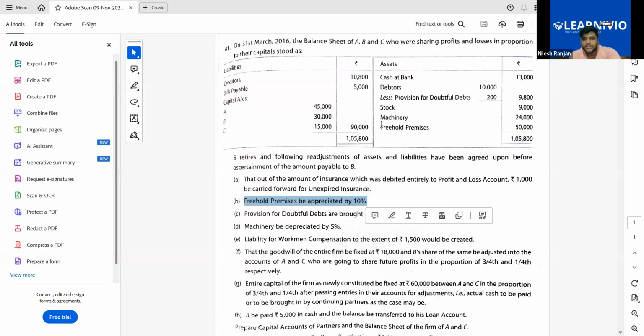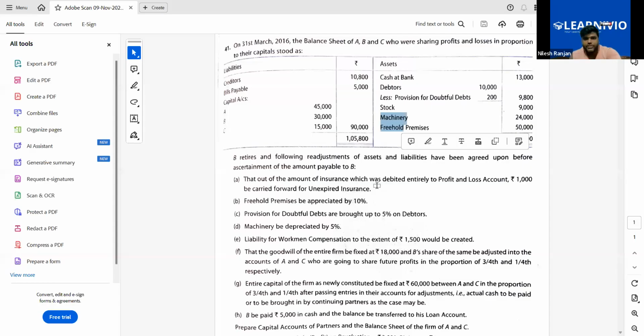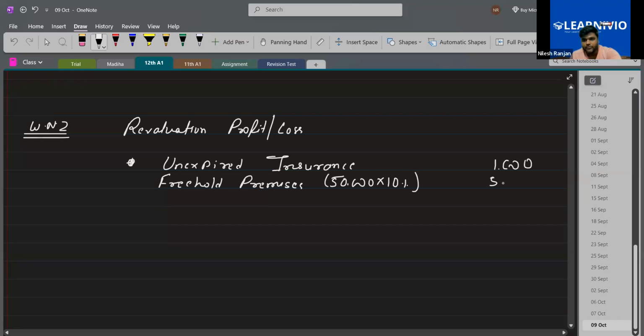So freehold premises value is 50,000 into 10%. It is to be appreciated by 10%, so 5,000. This is also profit.